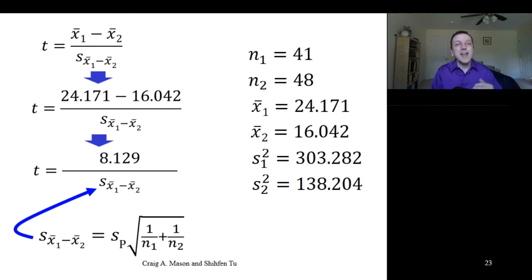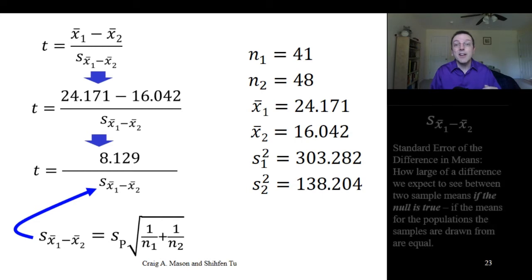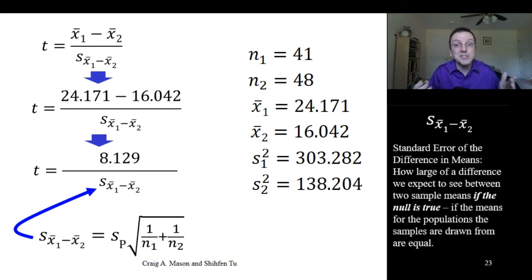We then use that pooled estimate of the standard deviation to calculate our standard error of the difference in means, which again is just how large of a difference we expect to see between two sample means if the null is true and the means for the populations that those samples are drawn from are in fact equal.